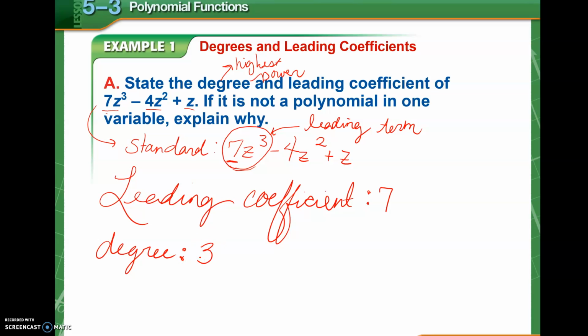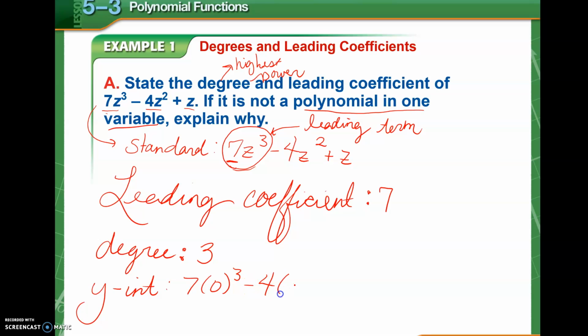For us, we're just looking for polynomials in one variable. My y-intercept, which you will also see on your homework, is what value I get if I plug in 0 for the variable.